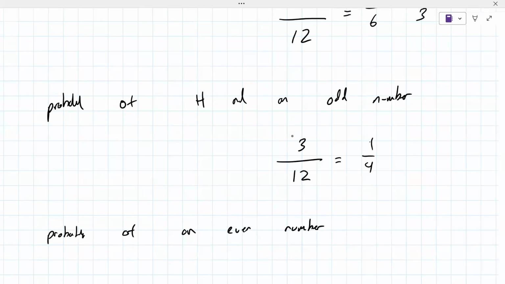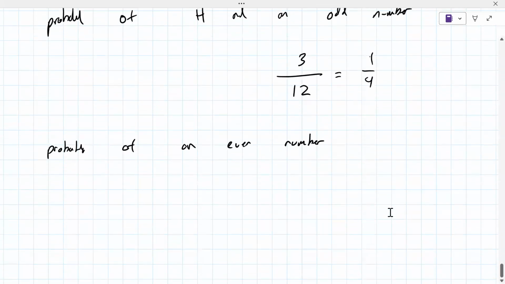How about the probability of an even number? There is a 6/12 probability, which will be reduced to 3.